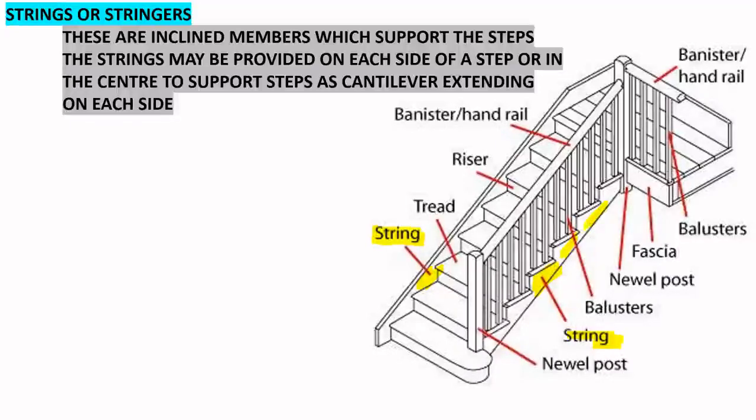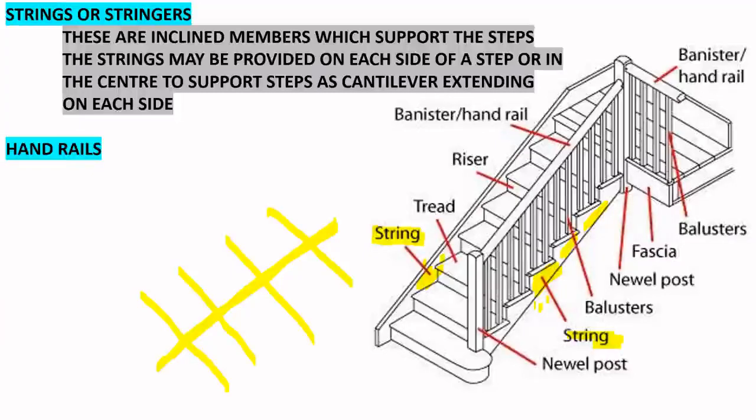The strings may be provided on each side of a step or in the center to support steps as cantilevers extending on each side. Here we can see the string on both sides. Sometimes you will have one string and the steps on both sides of the string. It is nothing but the inclined supporting member which is supporting your steps.